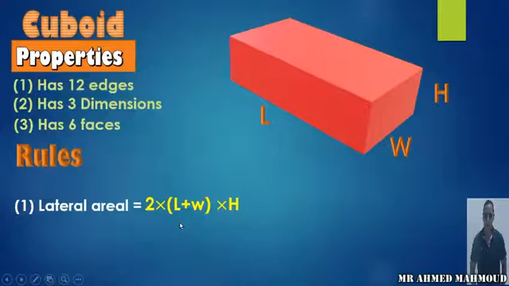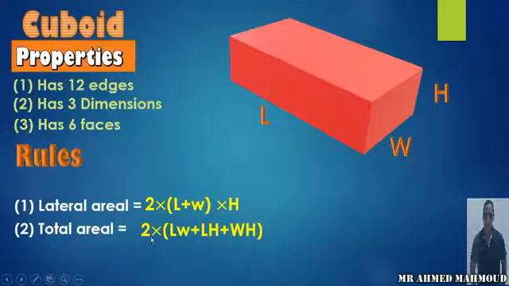Next, we have the total area. The total area equals 2 times open brackets length times width plus length times height plus width times height. This is the total area. Finally, we have the volume, which equals length times width times height.